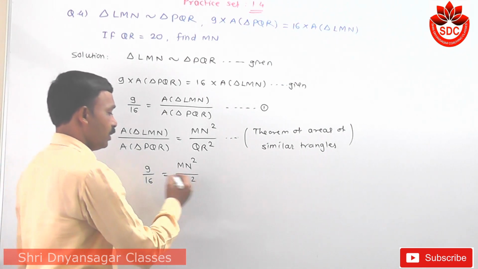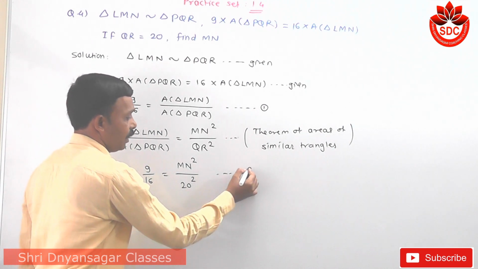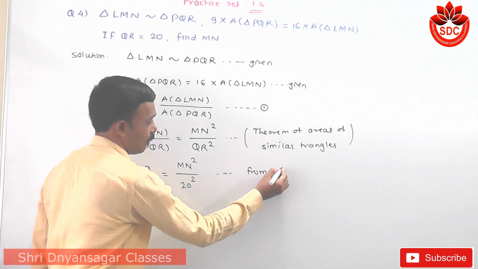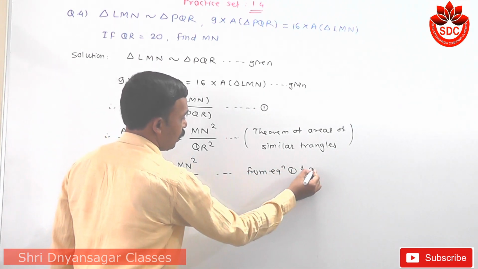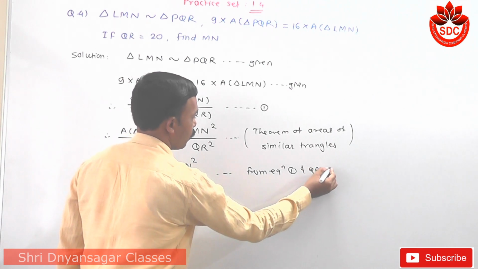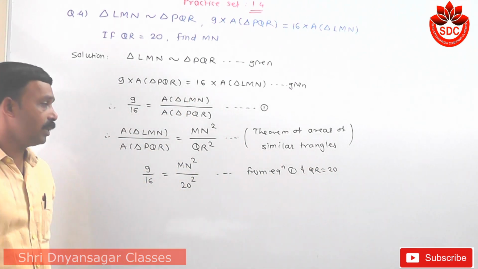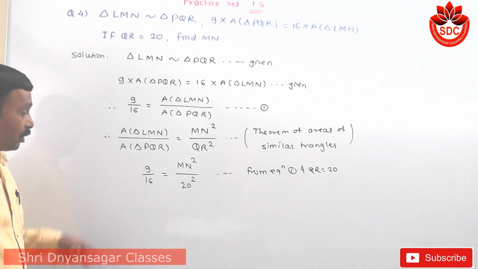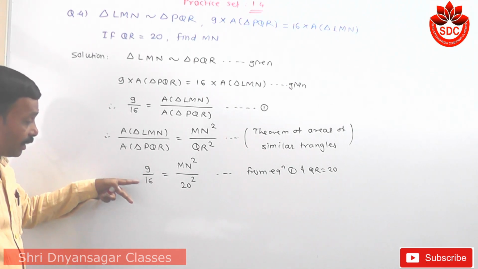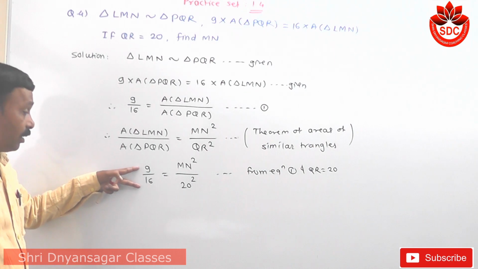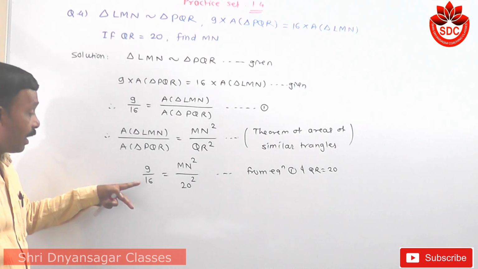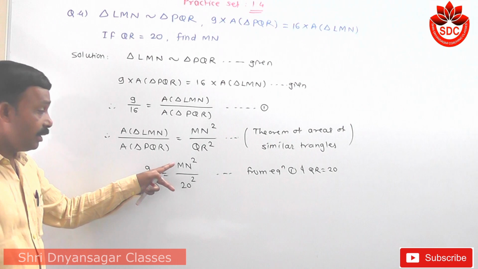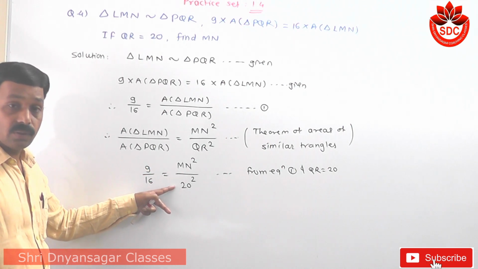This is from equation 1, and the value of QR is 20, which is given. Now when we observe, 9 and 16 are the squares of the numbers 3 and 4, and this is MN square and this is 20 square.